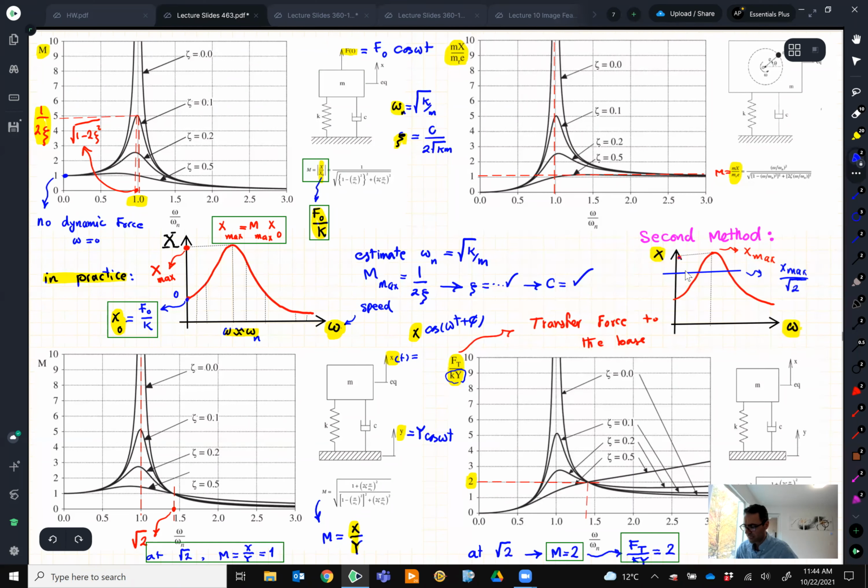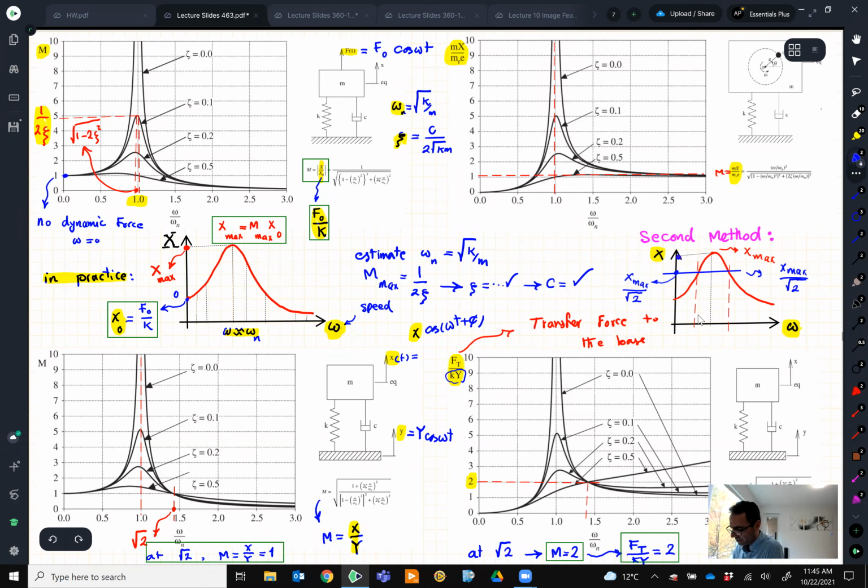So if this point is X max, this point is X max divided by square root of 2. Where did that square root of 2 come from? There is some math, you can take the derivatives. They realized in practice that this is a critical region. You should avoid getting close to that. There is a bandwidth to avoid.